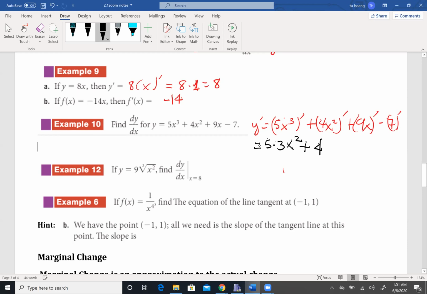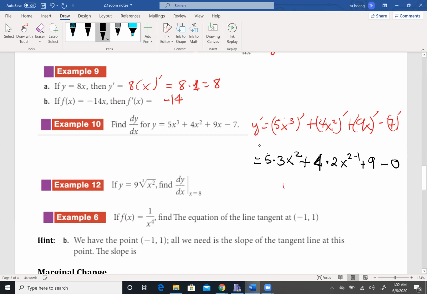I keep 4 because it is still a constant multiplied with a function, and then I multiply with the power 2, and then multiply by x, and change the power by minus 1. Then plus, for this 9x it is going to be equal to 9 according to examples 9 and 8 there, and then minus for 0, because the derivative of a constant becomes 0.